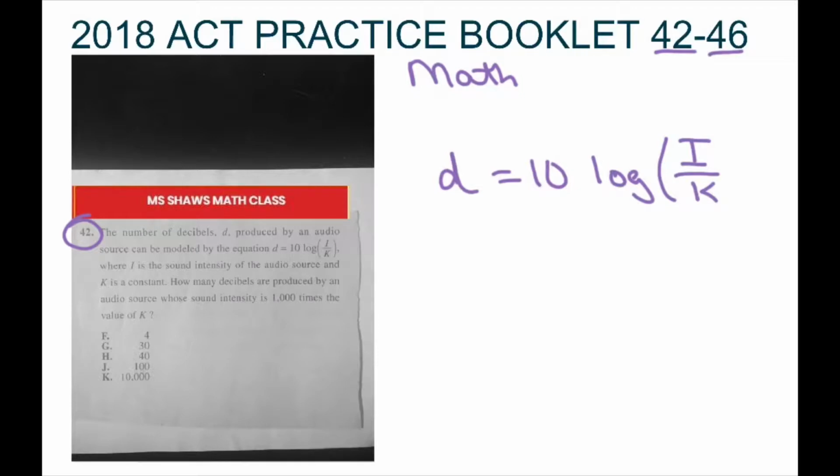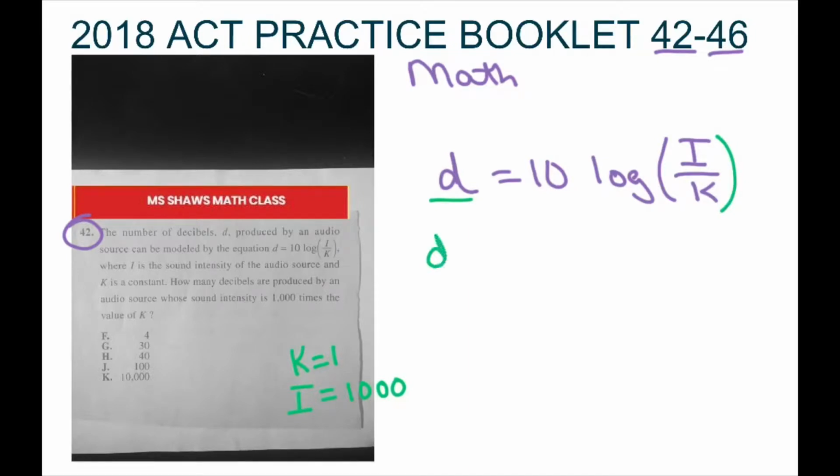And it says how many decibels, so we're looking for D, are produced by an audio source whose sound intensity is 100 times the value of K. So I'm just going to let K equal 1. That means I would equal 1,000. So whatever that is, K is a constant, I'm going to let it be 1.